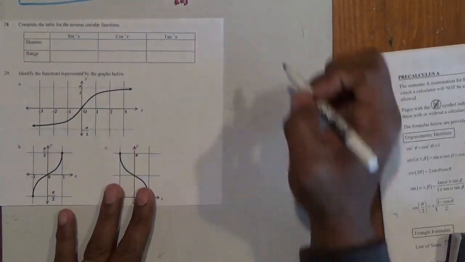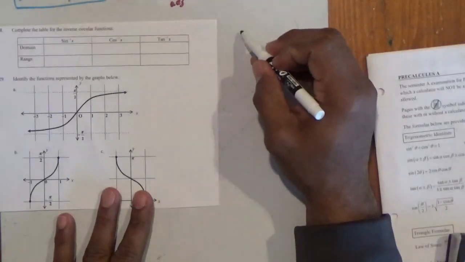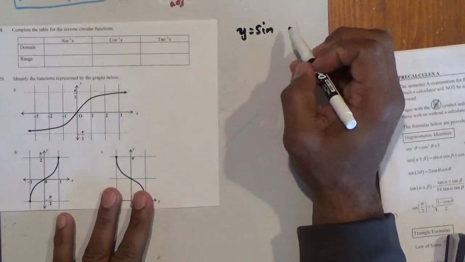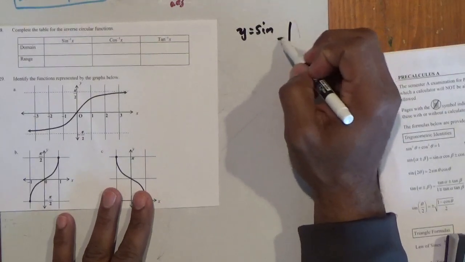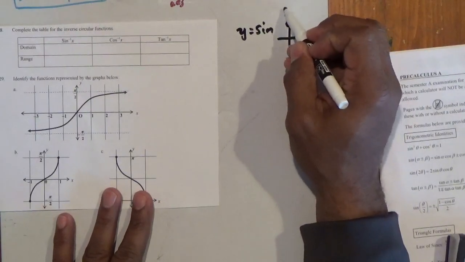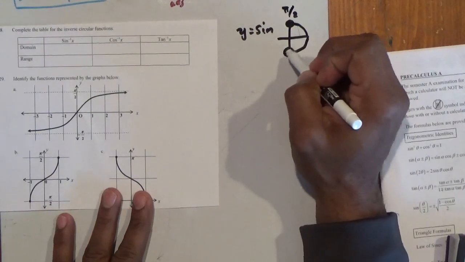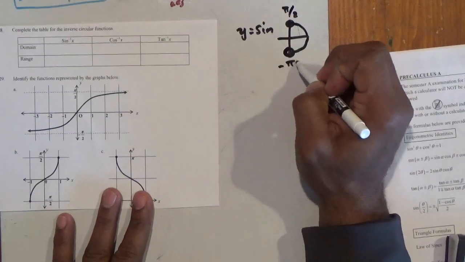Now, if we're looking at y equals sine, when we're looking at the inverse, we're only looking at the inverse from pi over 2 to negative pi over 2.